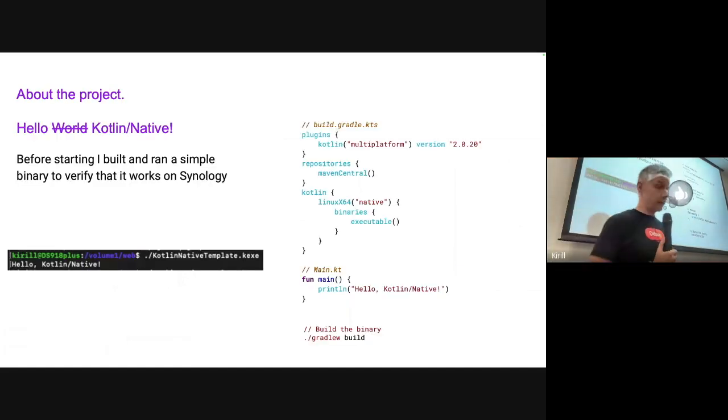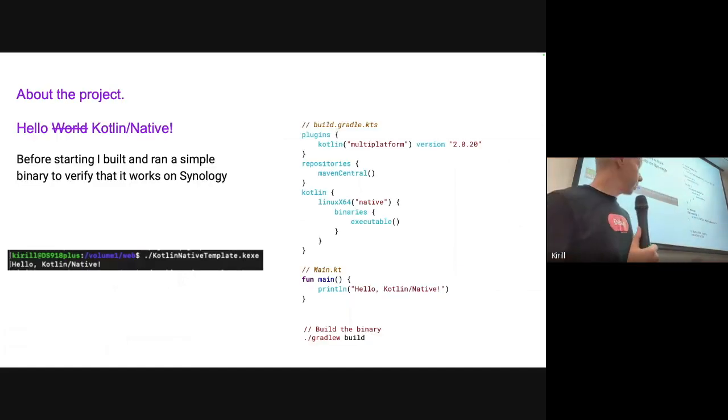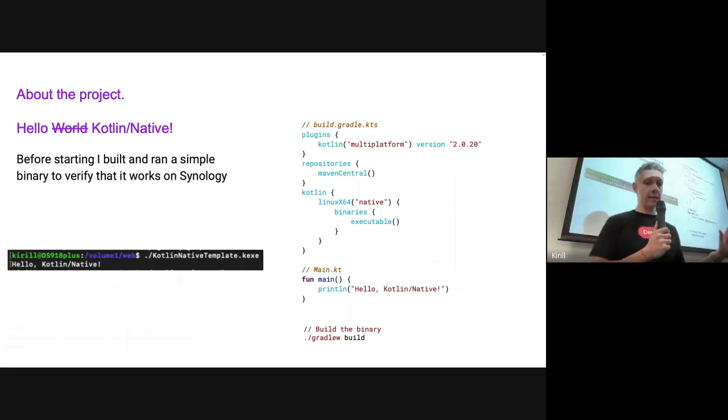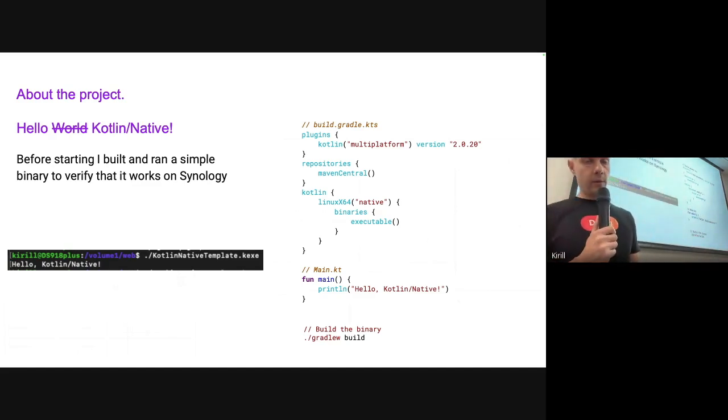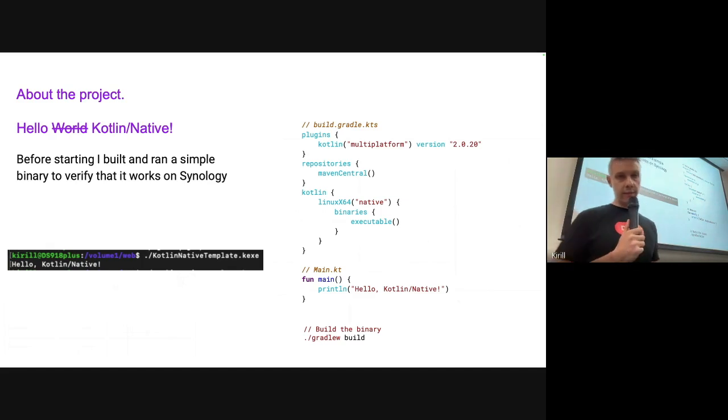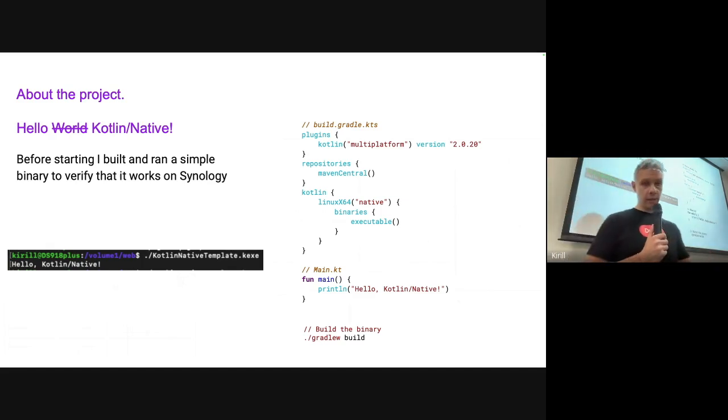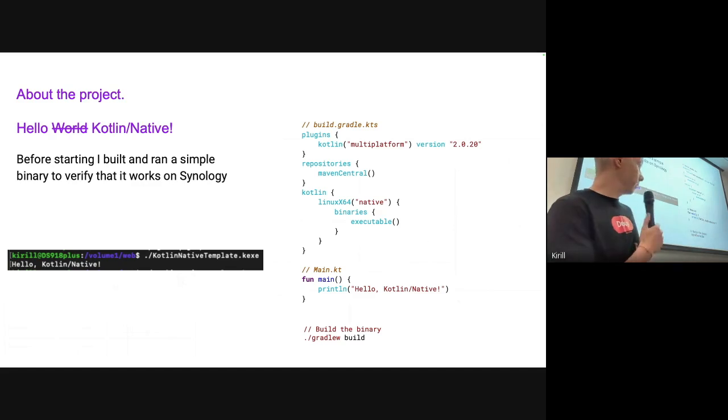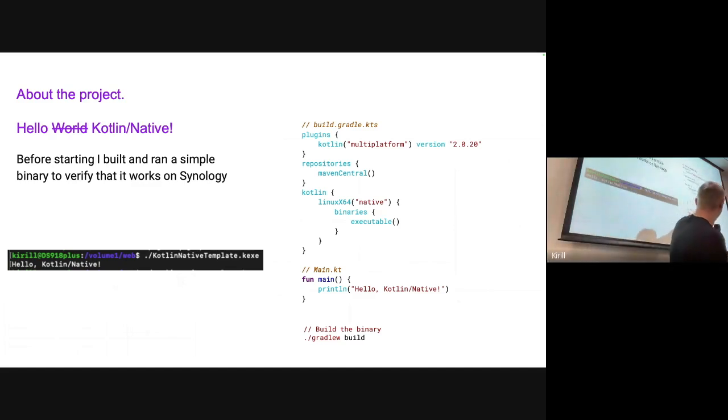Before I started, because I don't know how the Synology works inside, you can connect to it via SSH, that's what I opened. And of course, I wanted to make a simple project, Hello World, but Hello Kotlin Native, just to make sure it works. It's just a Gradle build.